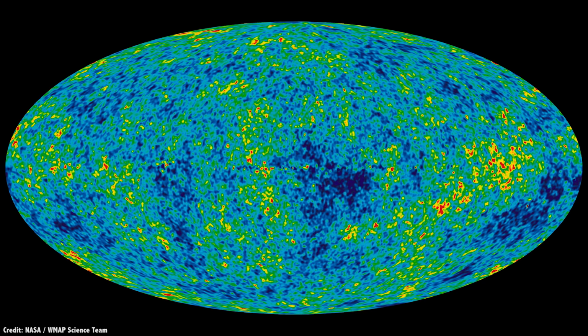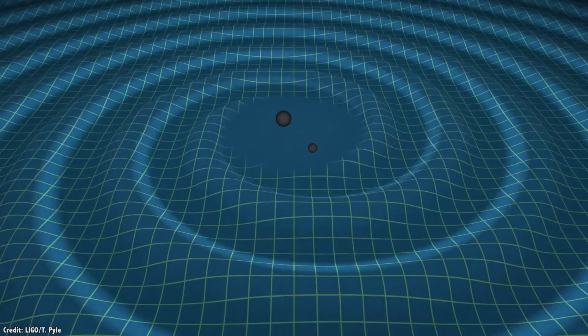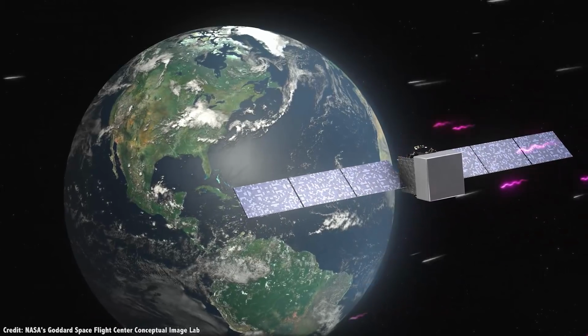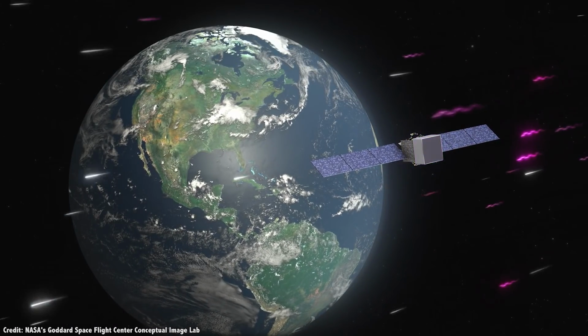And so no matter how powerful your telescope is, right? If you look at a wall, no matter how powerful a telescope is, you're still just going to see the wall. And so we need other methods to be able to see beyond the cosmic microwave background. The only two methods that we know of that are possible are gravitational waves, which were present earlier on in the universe, and probably neutrinos, which were also present earlier on and were able to escape out into the rest of the universe.